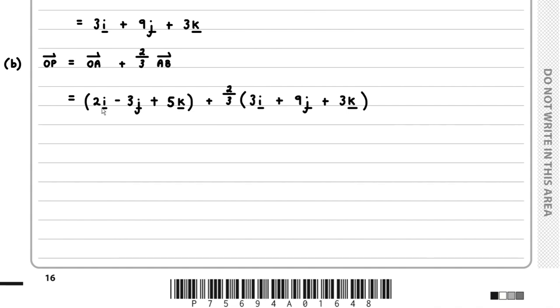So let's work this out. 2i plus 2/3 of 3i, that's 4i, negative 3j plus 2/3 of 9j, that's 3j, 5k plus 2/3 of 3k, that's 7k. So one possible vector for P will be 4i plus 3j plus 7k.